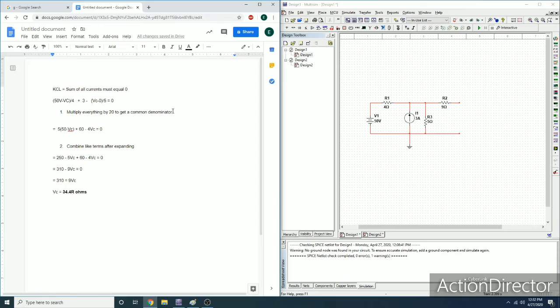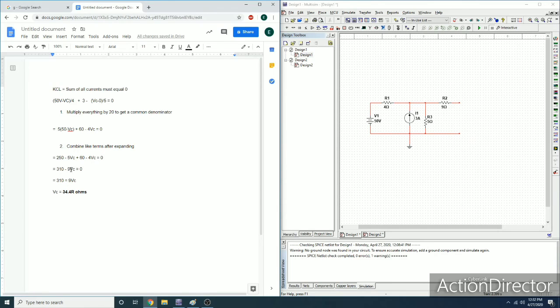Next we multiply everything by 20 to get a common denominator. That cancels out the 4 and the 5. So you get 5 times the quantity of 50 minus VC, plus 60, minus 4 VC, equals 0. We can expand and then combine like terms: 250 minus 5 VC plus 60 minus 4 VC equals 0.